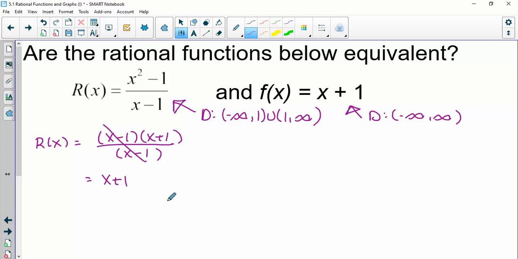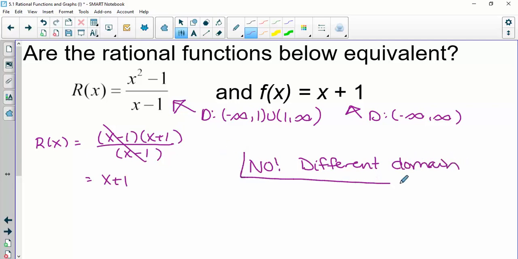Okay, so math-wise, like you've always been taught, you can divide those and it's equivalent, and that's true. However, if we are going to look at the graph of those, they are not going to be identical because of the domains. So the answer is no. They're different domains.